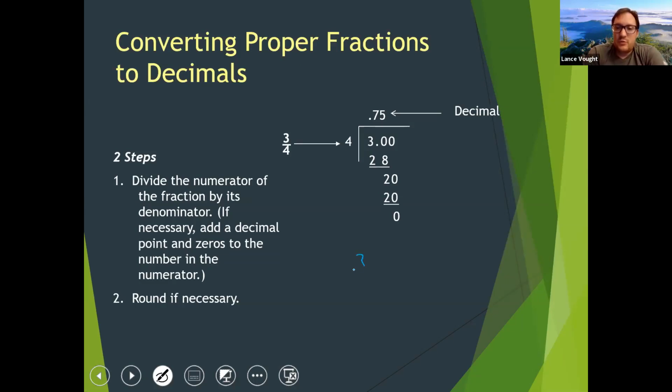So I'm just going to recreate what they've already drawn. 3/4. How many times does 3 go into 4? None. So when you have decimals, what you do is you borrow a 0 and you put a decimal place there.